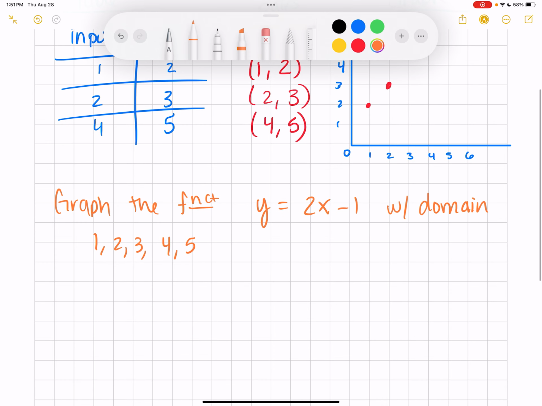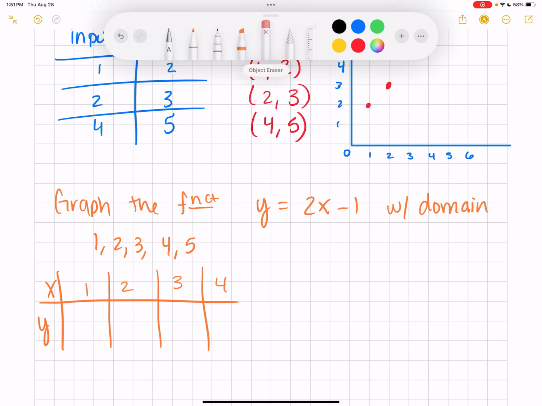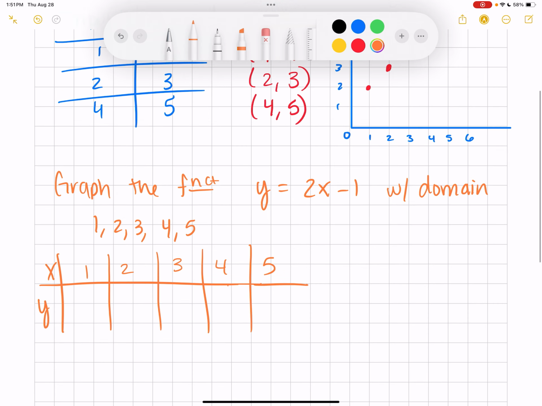So I've got my XY table. So the x values are going to be 1, 2, 3, 4, and 5. And then I can fill in and solve these things.